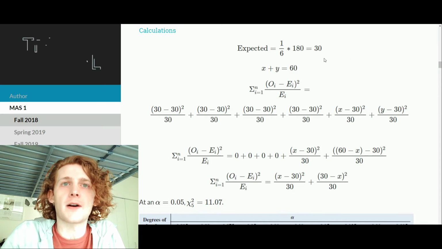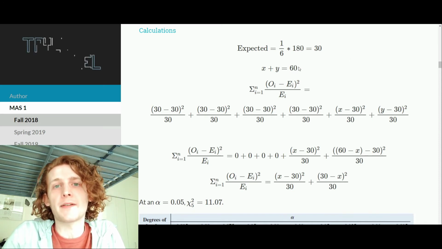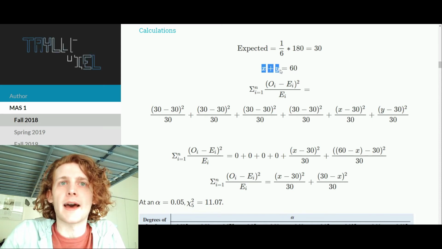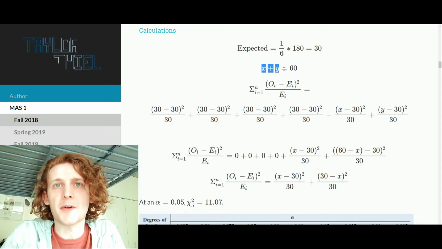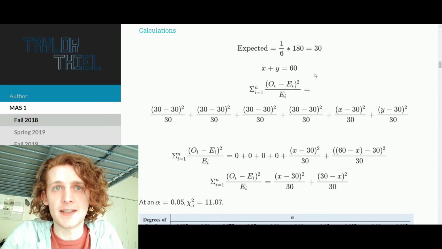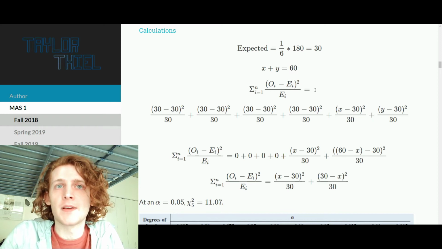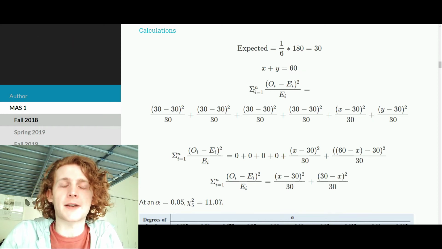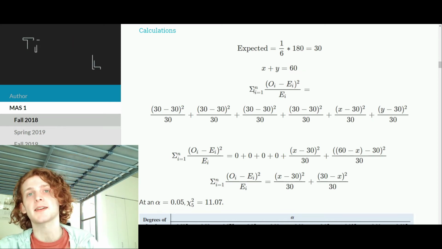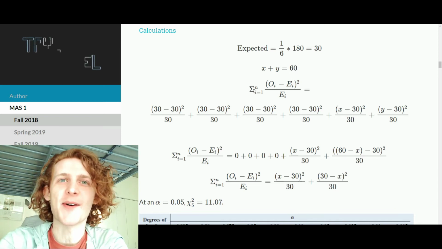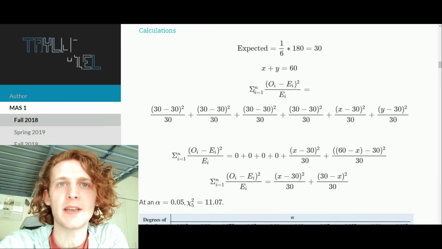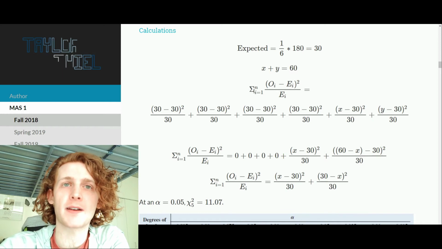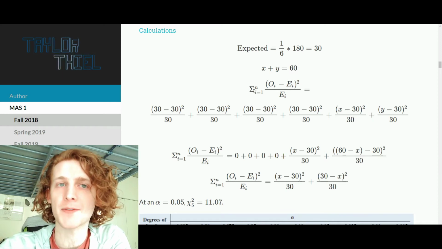Additionally, there are 180 total rolls and 120 of them already took place, so we know x plus y, or the number of 5s and the number of 6s, has to sum to 60. Then we can get to our actual test statistic. That's going to be the observed minus the expected, squared, divided by the expected, and sum all those up.